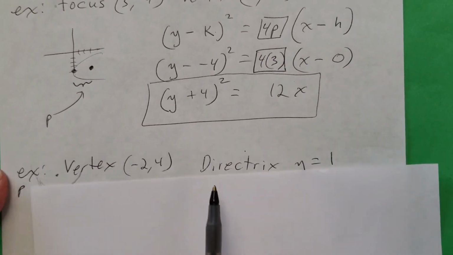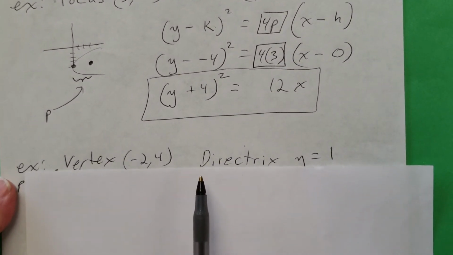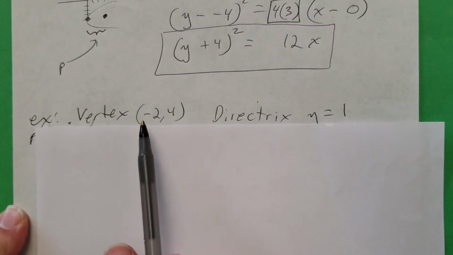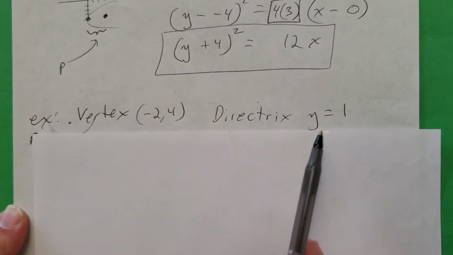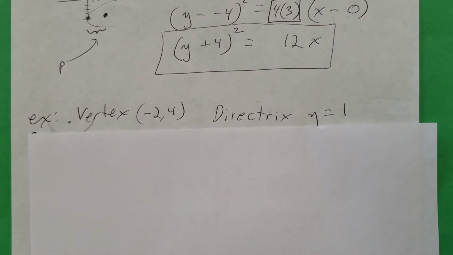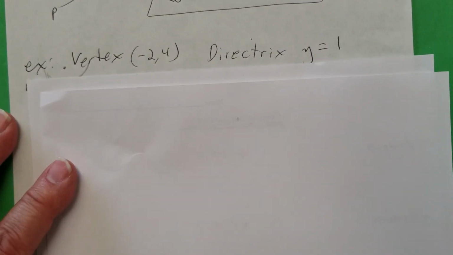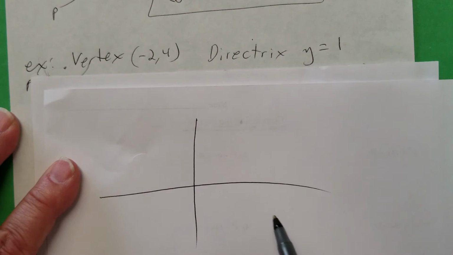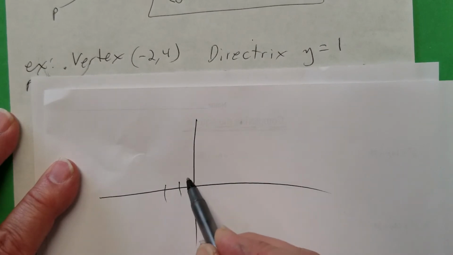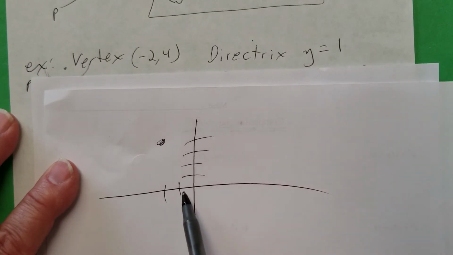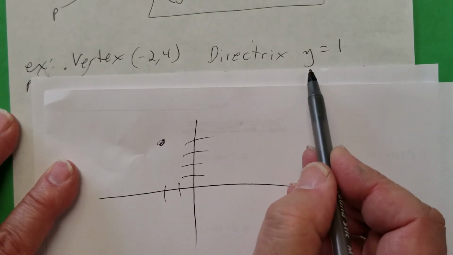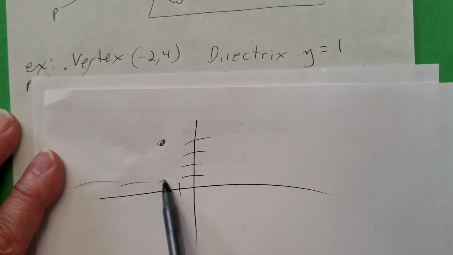One more really quick. So what if I say the vertex is -2, 4, and the directrix is at y equals 1? So really quick, if the vertex is at -2, 4, 1, 2, 1, 2, 3, 4 here, and the directrix is at y equals 1, that's here.